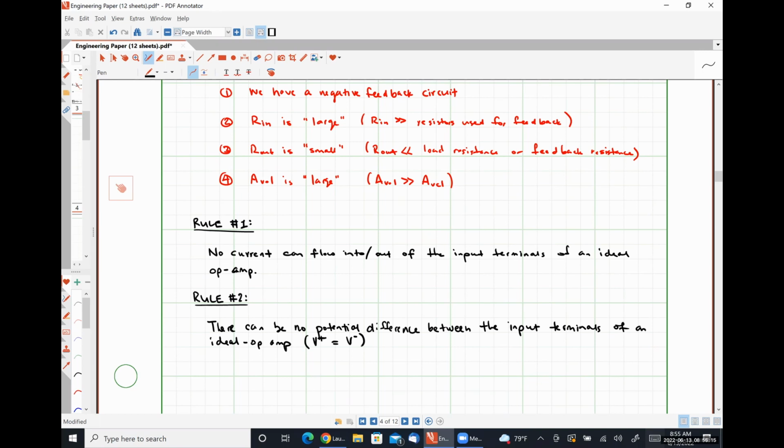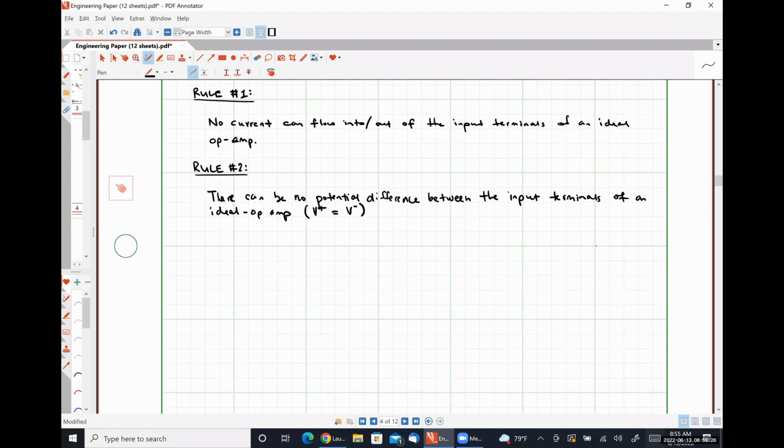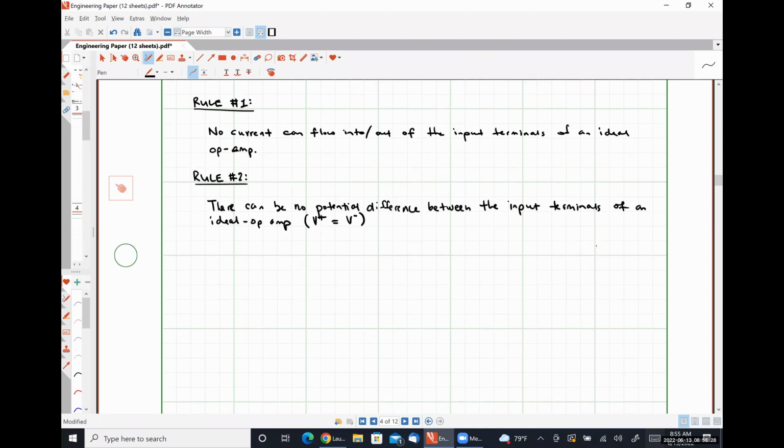Now let's develop a simple procedure for analyzing ideal op amp circuits.